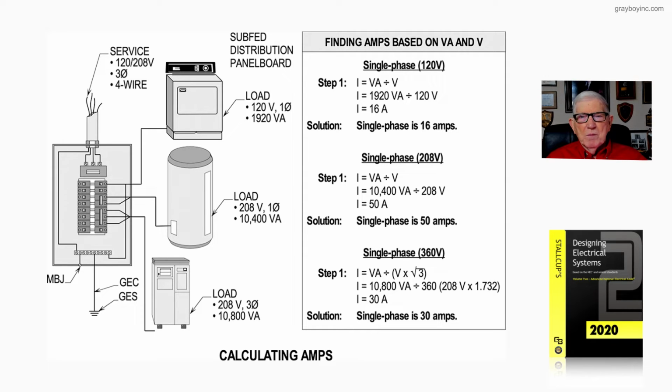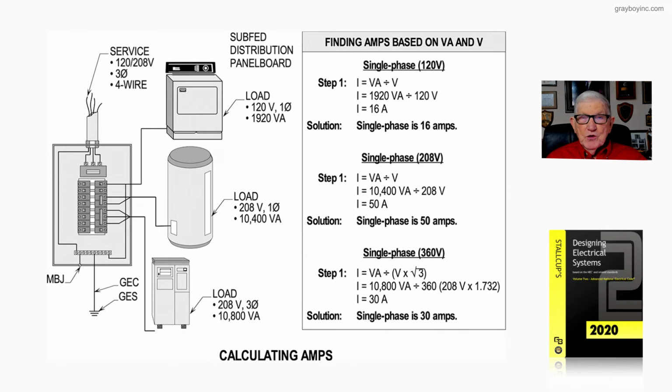If not, multiply 16 by 125%, and that'd be a 20 amp breaker with number 12 wire, per 240.4(D) and 210.19(A)(1).